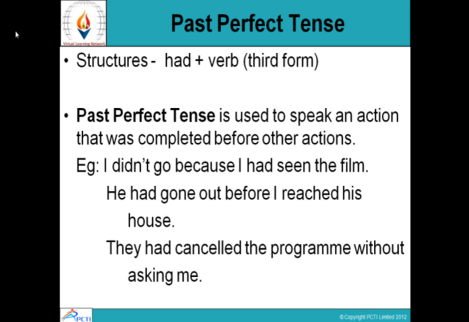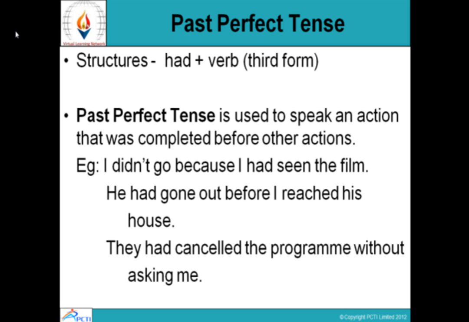They had cancelled the program without asking me. Here we have not mentioned two sentences, but they didn't ask you and they cancelled the program. So it is understood. Here, without asking me actually means they had cancelled the program and they did not ask me.